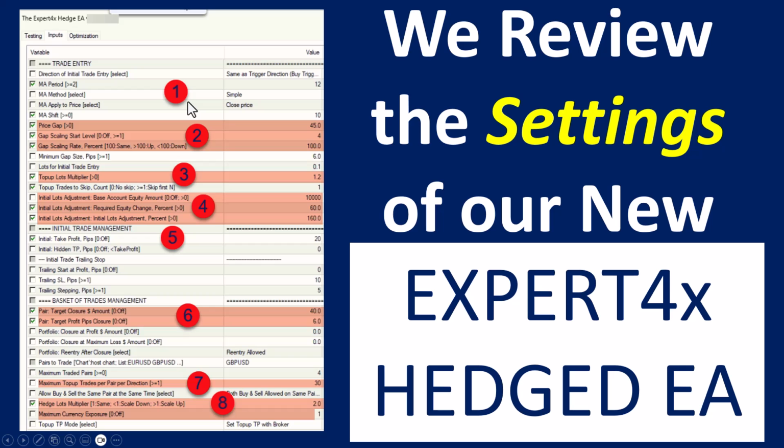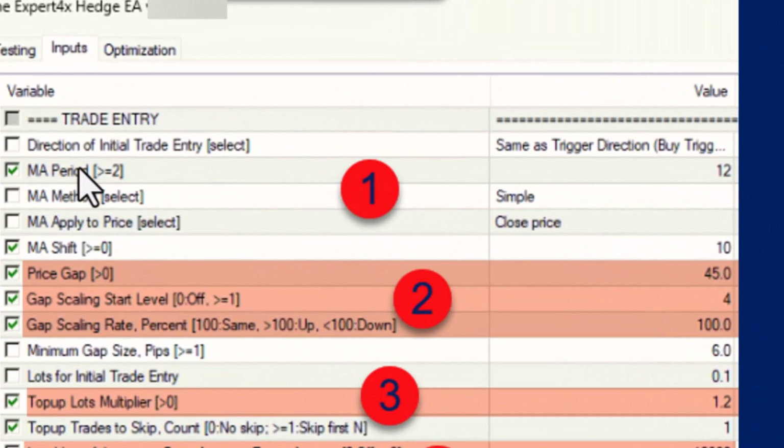Okay, so let's get into the settings, and here's number one, and it's the MA. So the EA basically uses the moving average that is offset or shifted by a certain amount to determine whether the market is in a buy phase or in a sell phase, and that is how it determines the direction of trend.